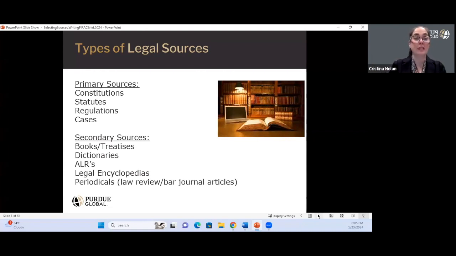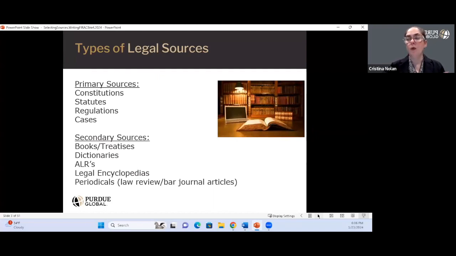When I was in law school, we were taken to the library, and they showed us the actual books: here are these different sources, this is where these books go and this is what they do. We have to do it in a different way now, which is fine because we're all very used to technology. But it is important to understand what these sources are. We're accessing them online, but what do they do? How are they useful to us?